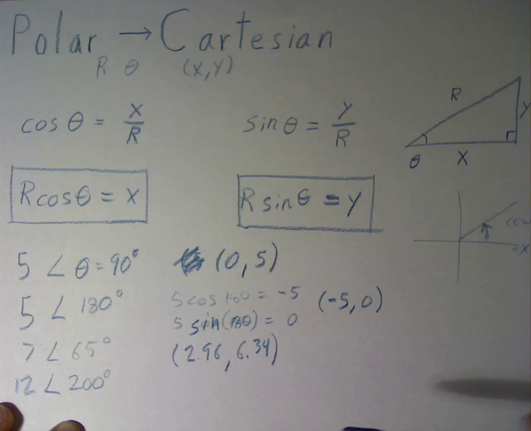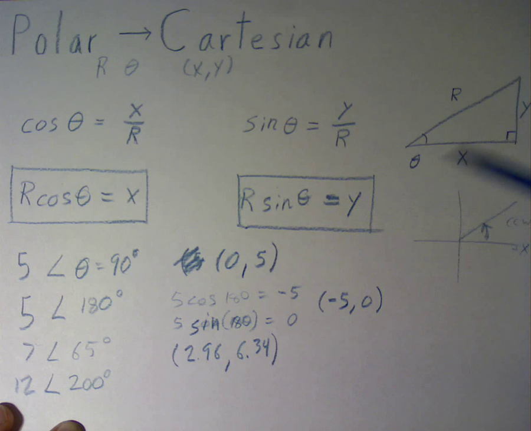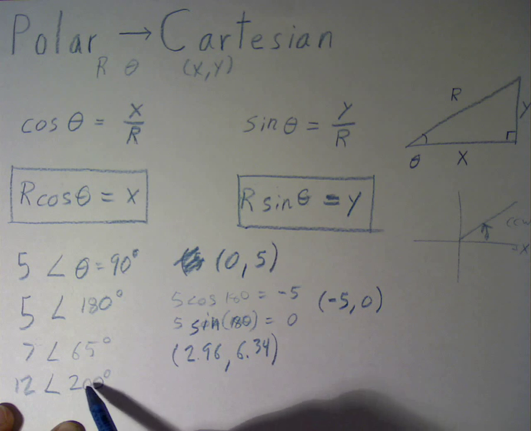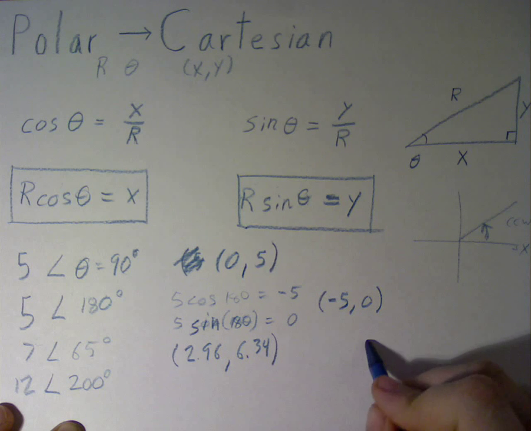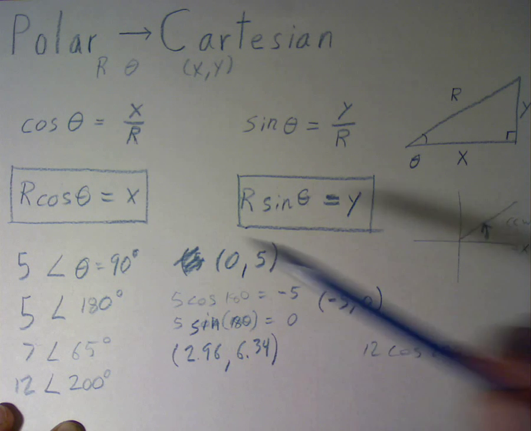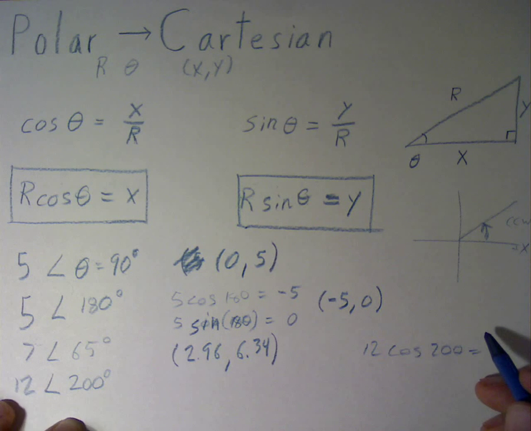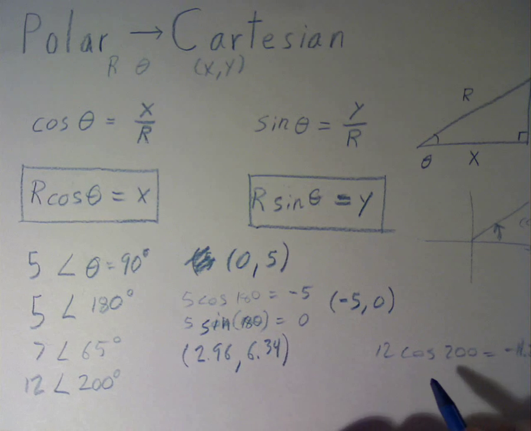We don't need to worry about what quadrant we'll end up in. These equations take care of the whole thing. Likewise, for 12 at 200 degrees, we do 12 cosine 200 degrees. We don't need to worry about how big or how small theta is. It gives us negative 11.28.